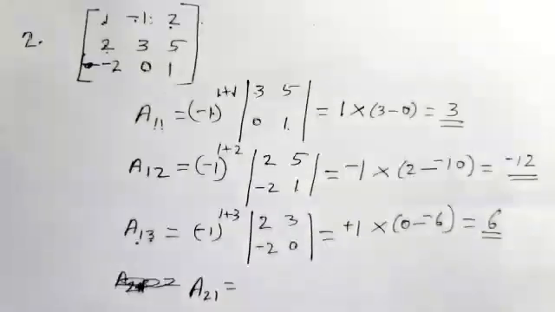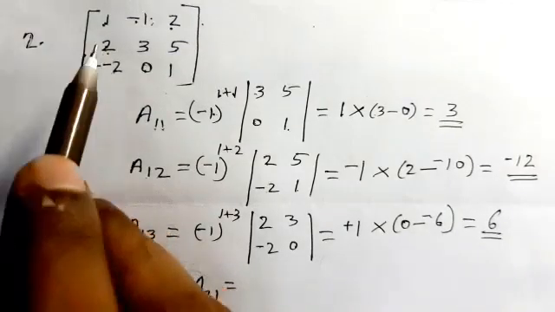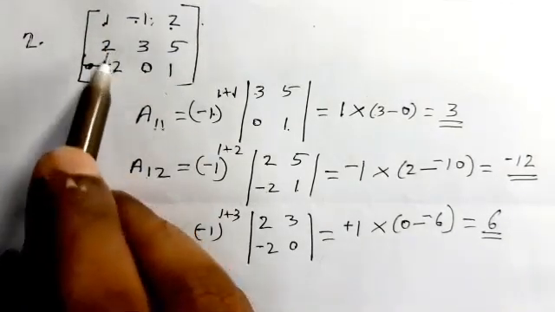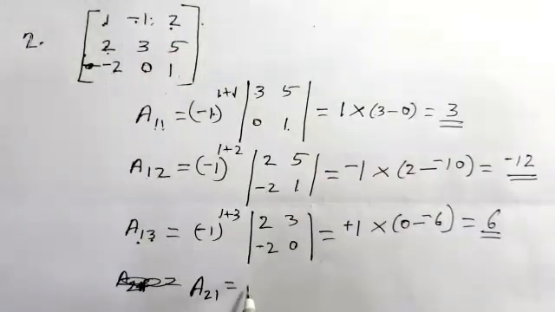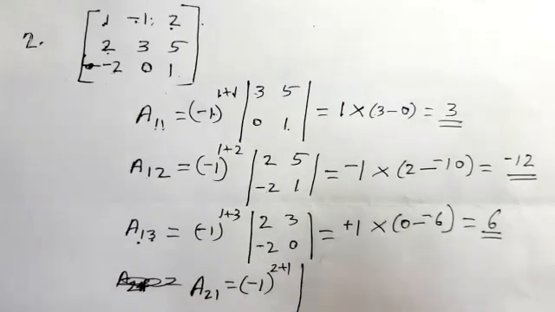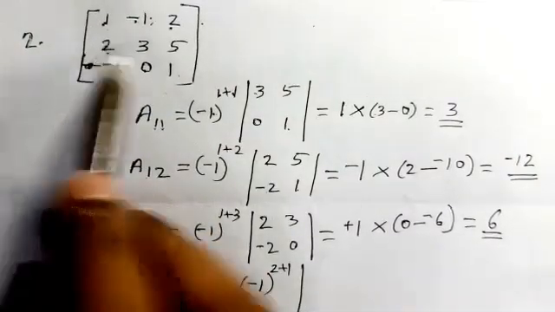What is the element at A21? Here 2 is there. So this, including column and row, will be avoided. Then minus 1, 2, 0, 1. Before that we want to write the position: (-1) raised to 2+1 into the minor, in which we avoid this column and this row.